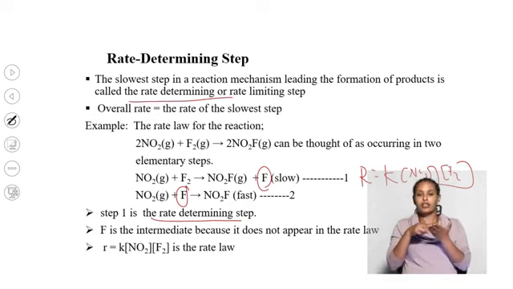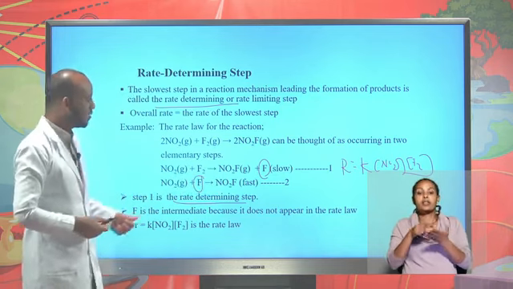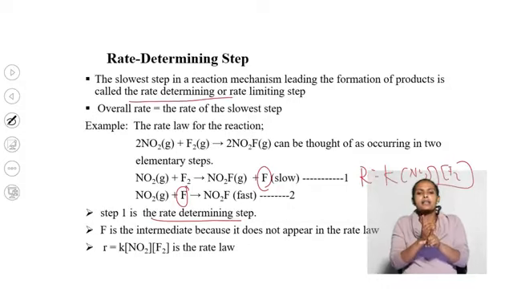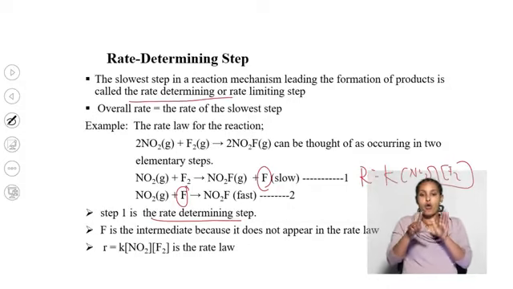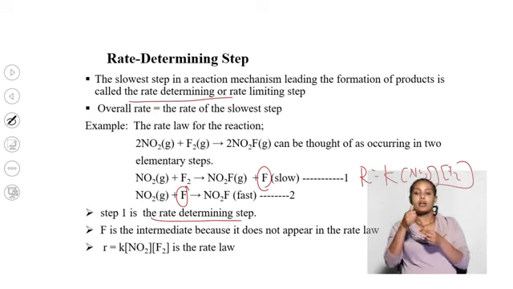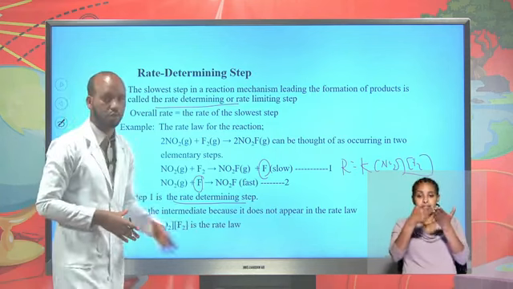As we said, elementary reactions add up to give the overall reaction. Therefore, intermediates do not appear in the rate law expression. F is the intermediate because it does not appear in the rate law. The rate of this reaction is k times the concentration of NO2 times the concentration of F2, which is the rate law for this reaction.